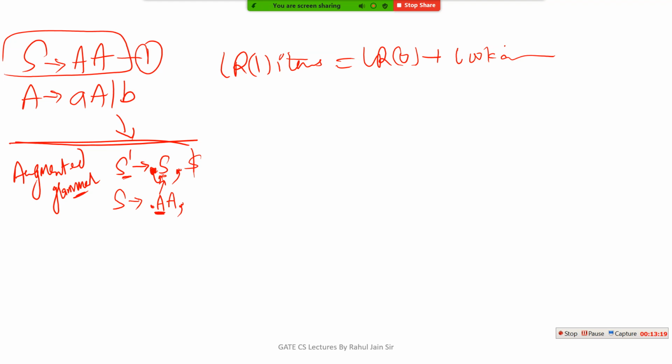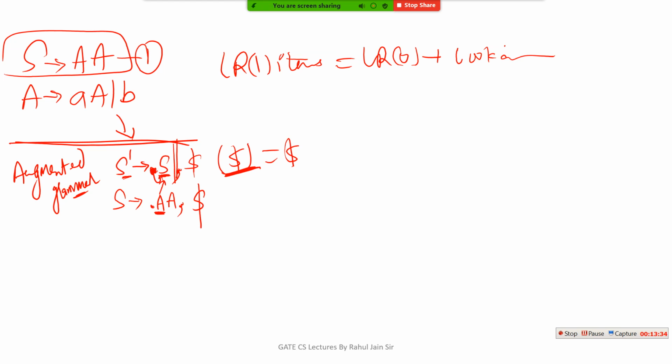After this S, I am only getting dollar. So what is first of dollar? First of dollar is dollar. So the look ahead of this would always be dollar.